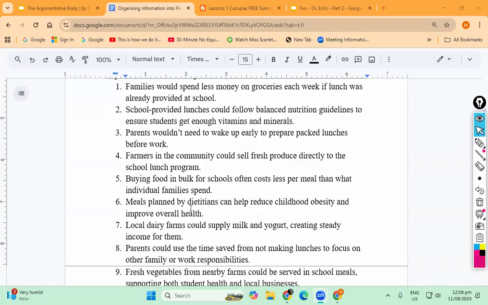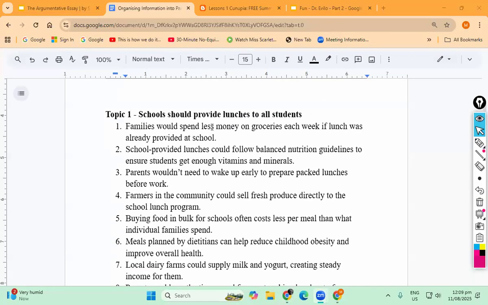None of these sentences are necessarily topic sentences. They are details to support main ideas, main reasons. What do you think are the main reasons that these points are getting at? Think about it. What are the main reasons?